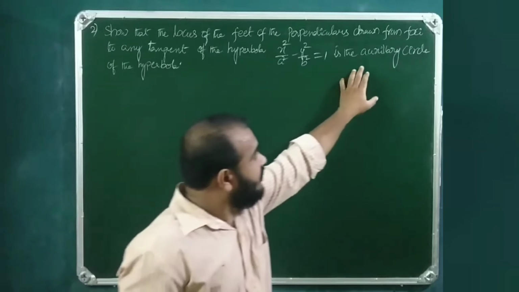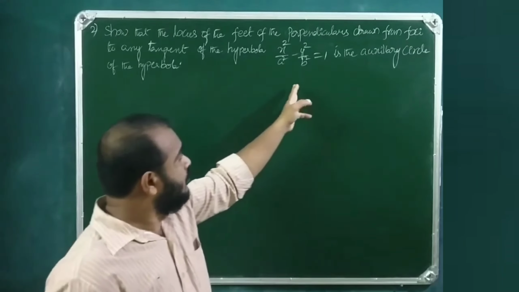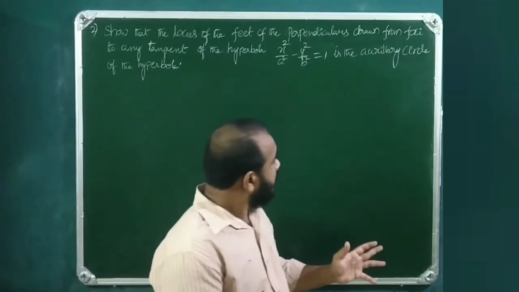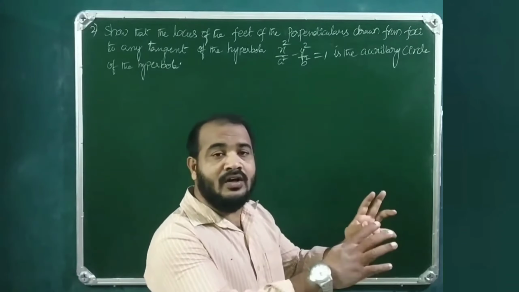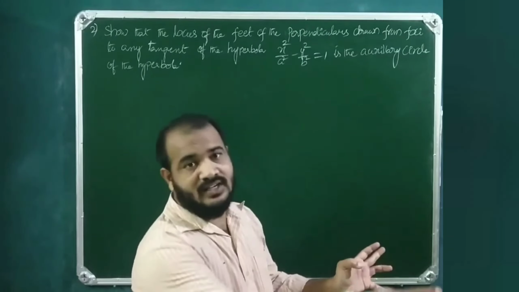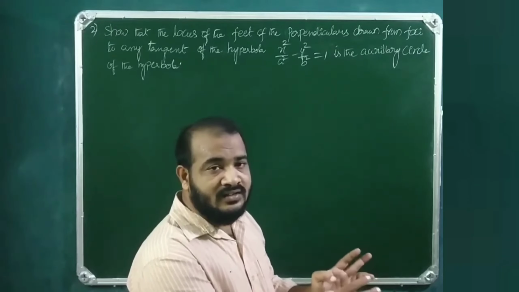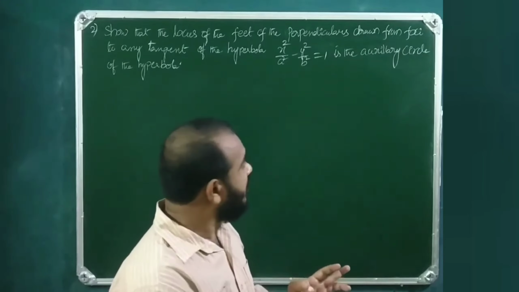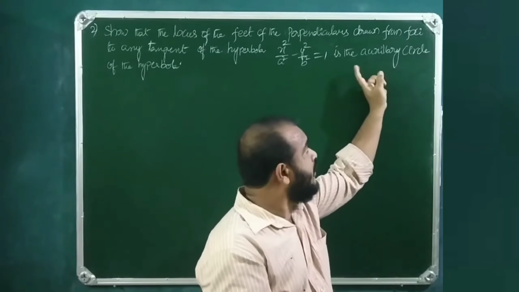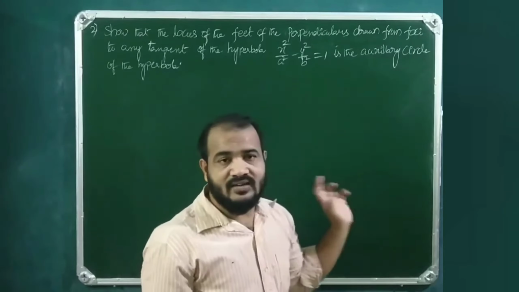We have already discussed the auxiliary circle's other definition: the circle described on the transverse axis of the hyperbola as a diameter is said to be the auxiliary circle, and it is x² + y² = a². Ultimately, x² + y² = a² is what we need to show. So that is the concept.